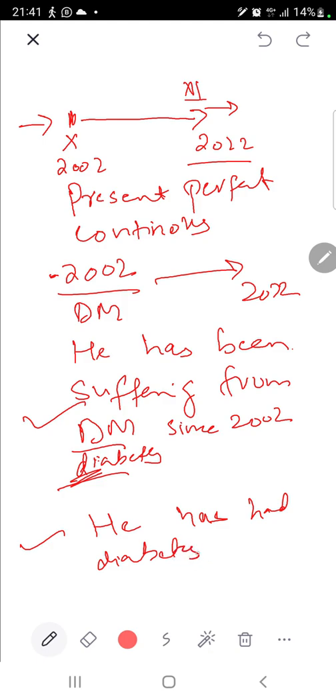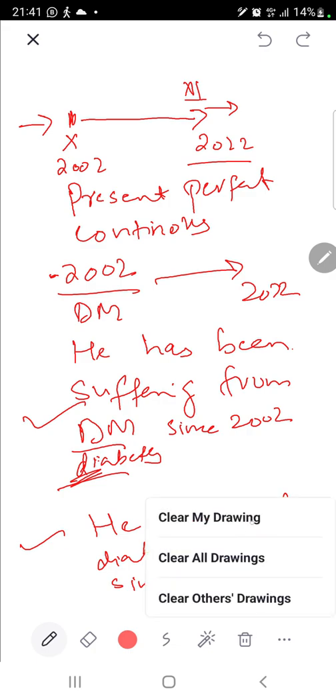The alternative form of the same sentence is: he has had diabetes mellitus since, let's say, 2002. Now both tenses are right and the sentences are also right. So basically, another form of tense that is majorly used is the present perfect continuous tense.